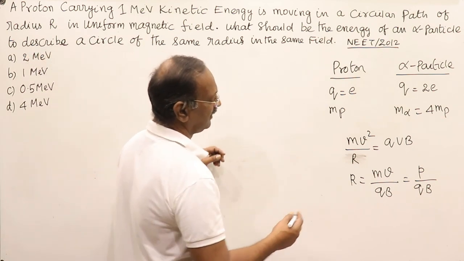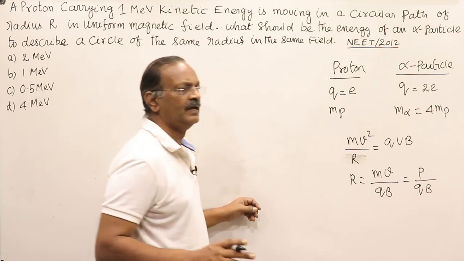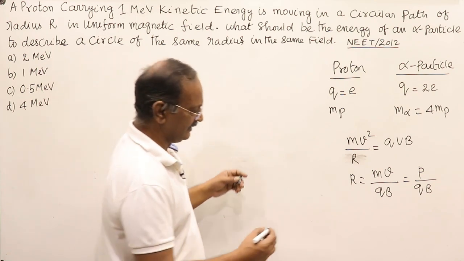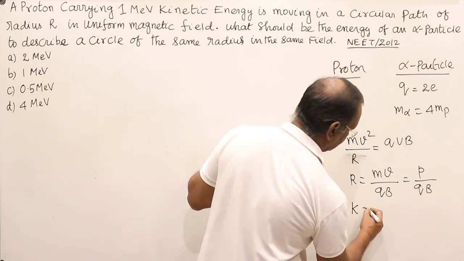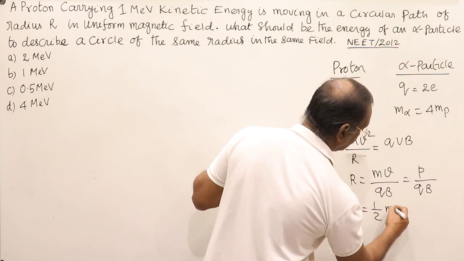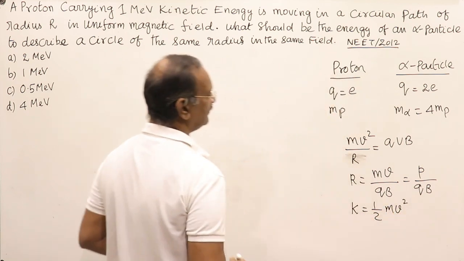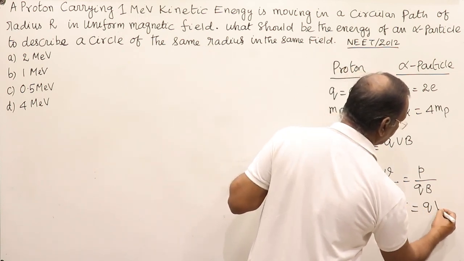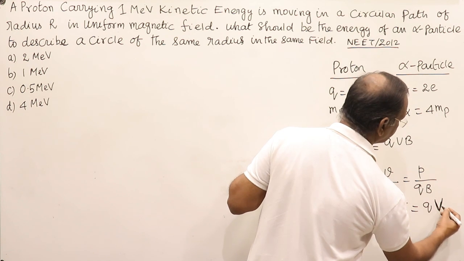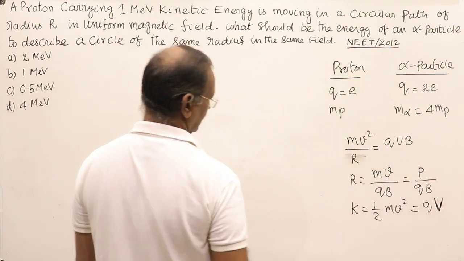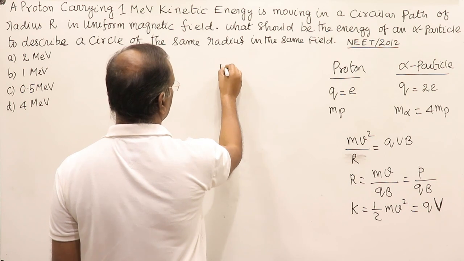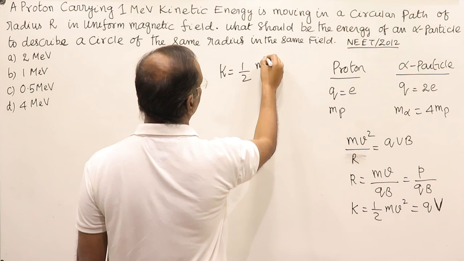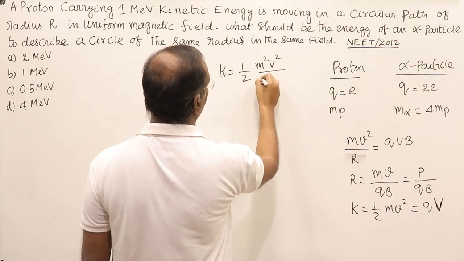We have already derived that if a charged particle q is accelerated through a potential difference of V, then its kinetic energy is equal to half mv squared, which is equal to qV, where V is the potential difference. So kinetic energy K is equal to half m squared v squared by m.